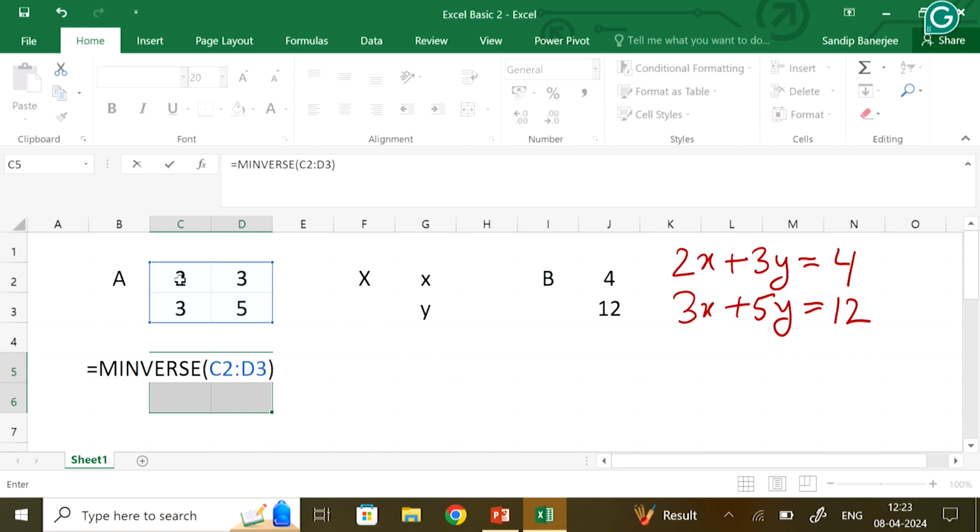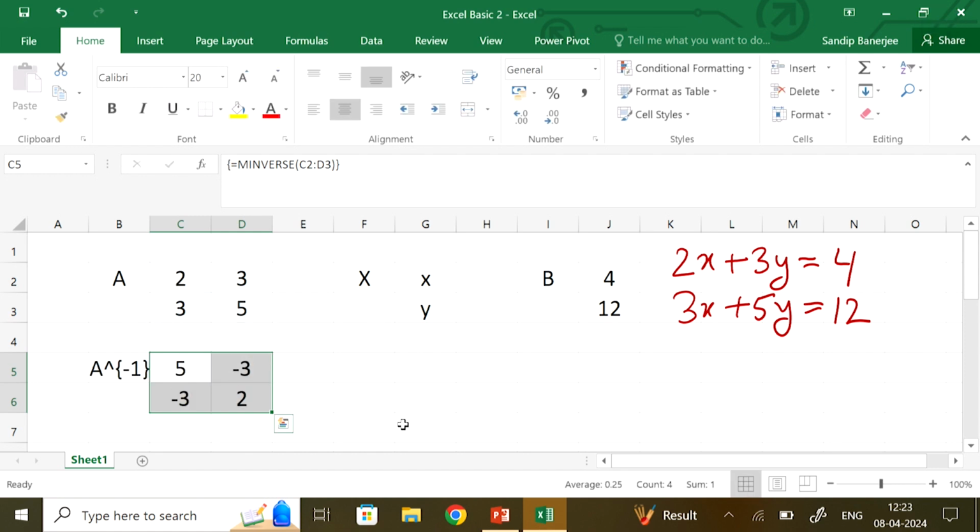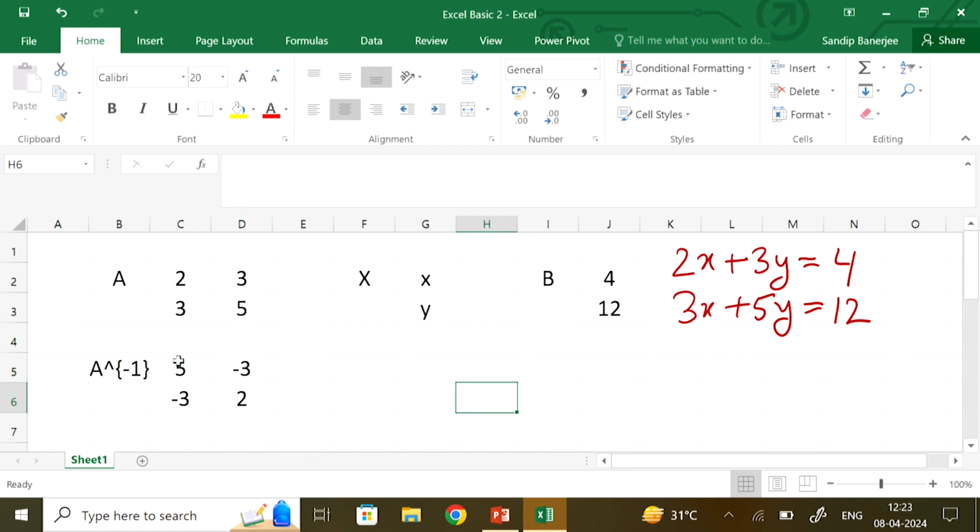Now, to get the answer for all these 4 cells, you have to press Control, Shift and then Enter. Please remember you have to press the Control and Shift keys at the same time and then press Enter, and then you get the A inverse of this particular matrix.